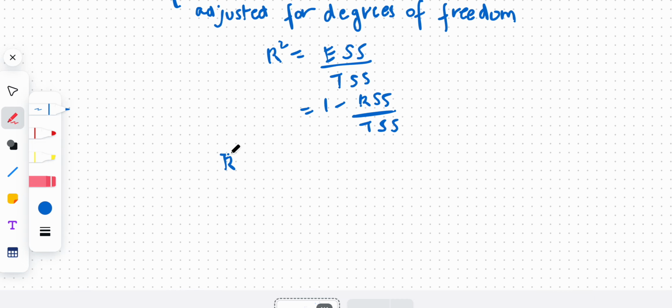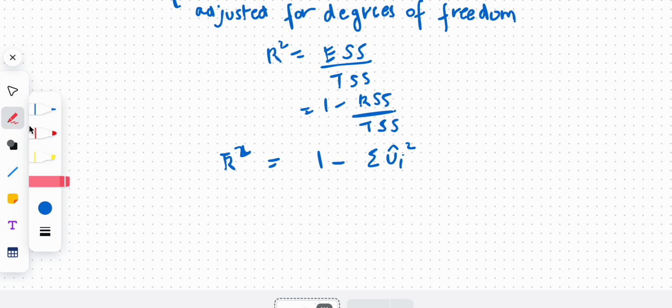In this case, it will basically become something like 1 minus summation ui cap square over k minus 1. Sorry, no, that will be for that.